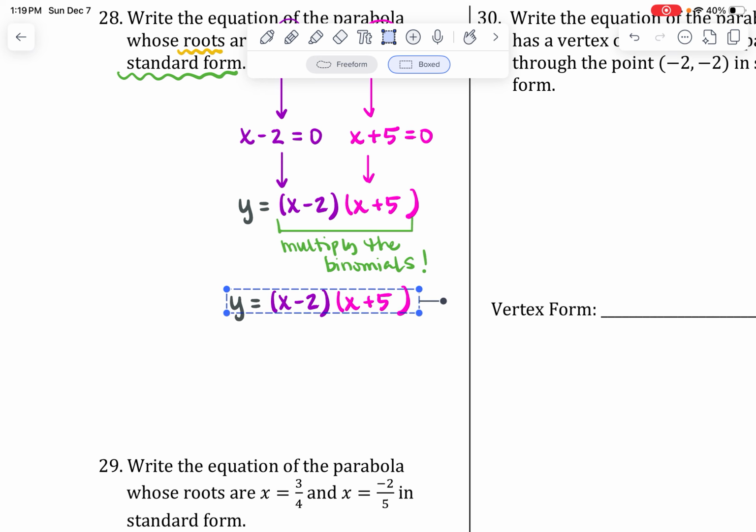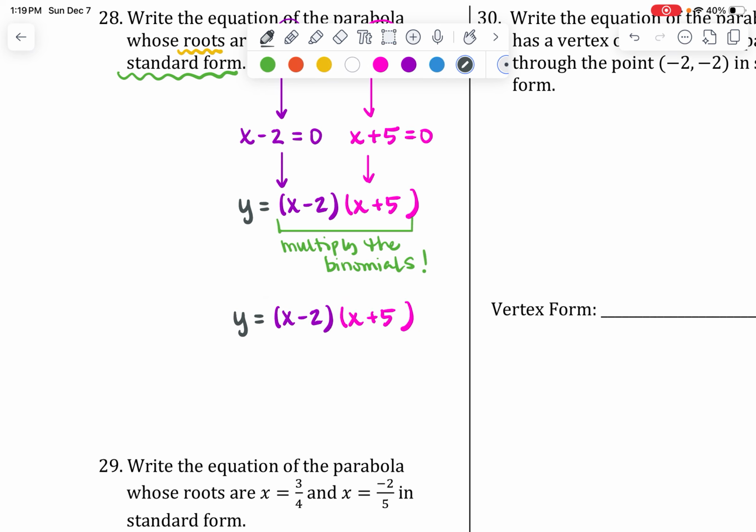I'm going to copy that and bring that down so I can kind of mess with it. All right, so I'm going to just double distribute. So I'm going to do x times x and then x times 5, which is going to give me x squared plus 5x. And then I'm going to do -2 times x and -2 times 5, which is going to give me -2x minus 10.